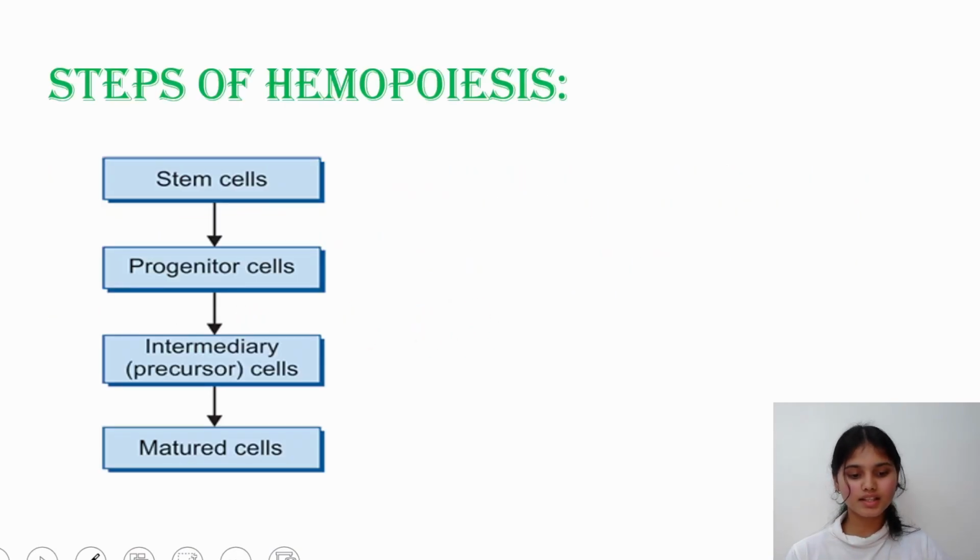Now, these steps of hemopoiesis, you will learn very beautifully in the upcoming chapters, that is erythropoiesis, leukopoiesis, etc. But just know the backbone of those chapters: first stem cells, progenitor cells, intermediary cells, and mature cells. Stem cells give rise to the progenitor cells.